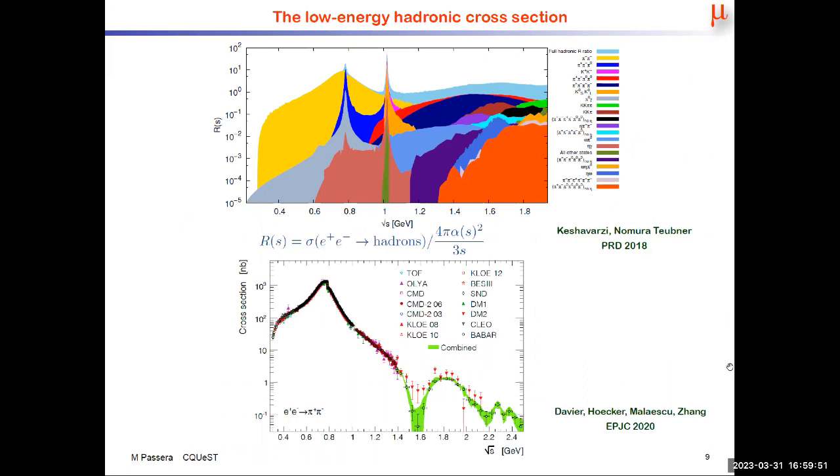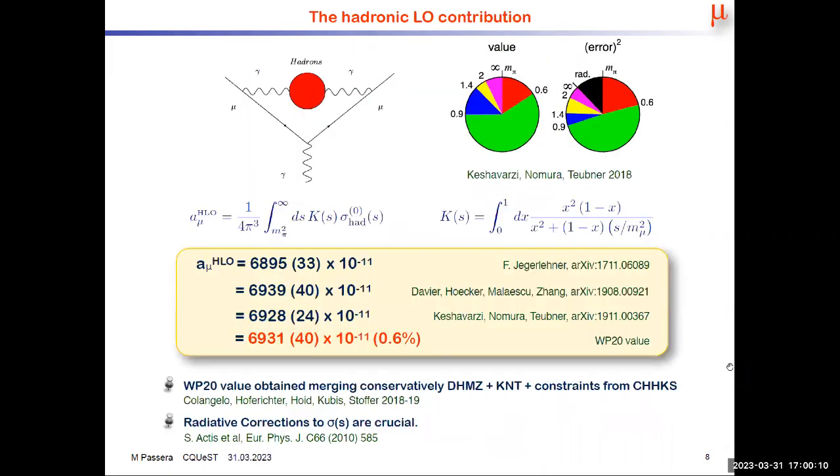There are differences, for example, in the pi channel, which is the most important one that you see here, the plus and minus into pi. There are differences, for example, between the Chloe measurement and the Babar measurement. The Chloe measurement tends to be lower, the Babar measurement higher. These differences have been included in the systematic evaluation, in the systematic error that you see here, in the 40 that you see here.